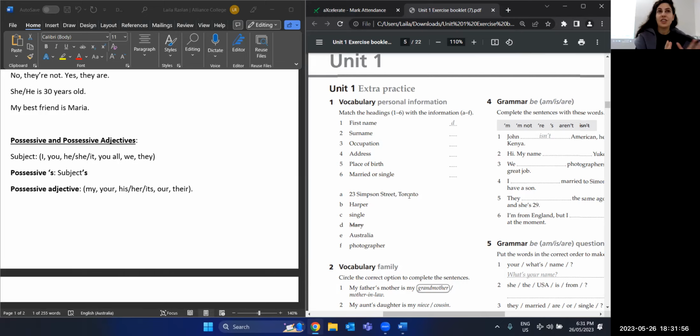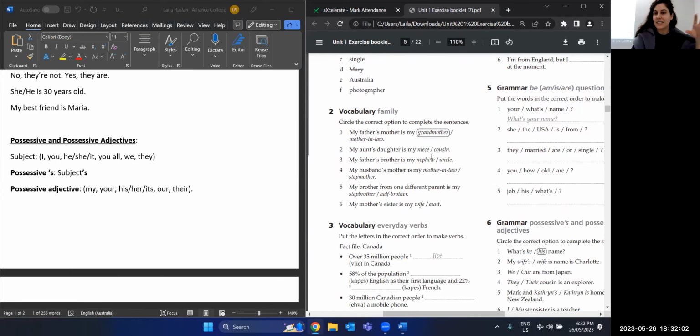So if you remember in the unit, we also looked at family and talking about mother-in-law, brother-in-law, sister, niece, nephew, cousin, wife, auntie, uncle. So the first one, my father's mother. So I'm not talking about my father. You know, my father is a doctor. My father is whatever name, but my father, not him, but his mother.